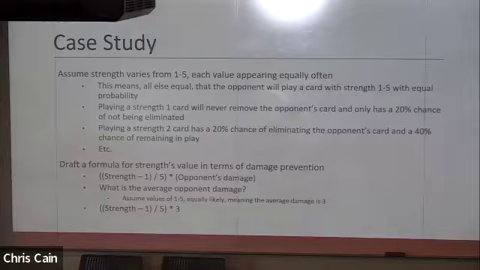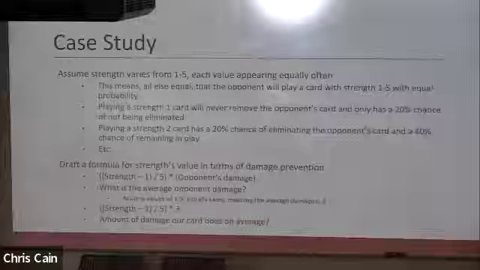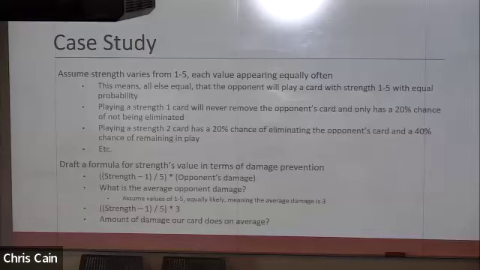And now we actually have a numeric way to map a card's strength onto the amount of damage that it prevents. How much damage will our card do on average? What would that one look like?